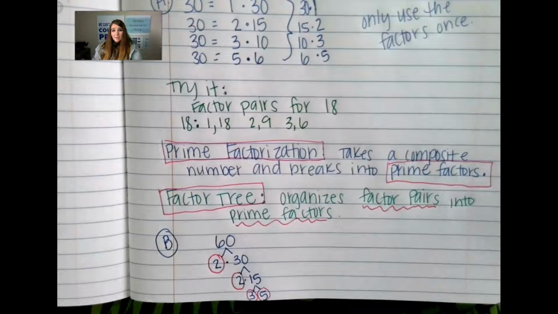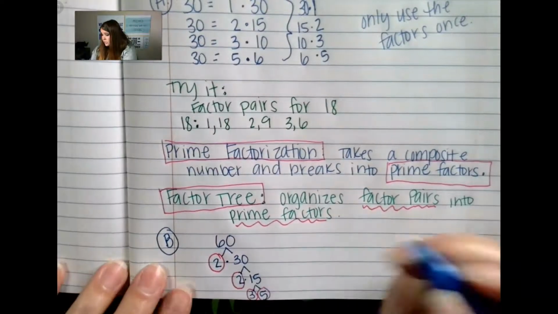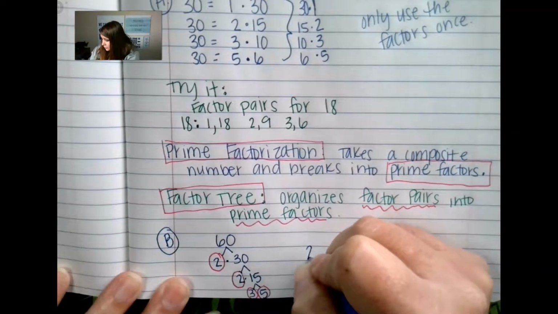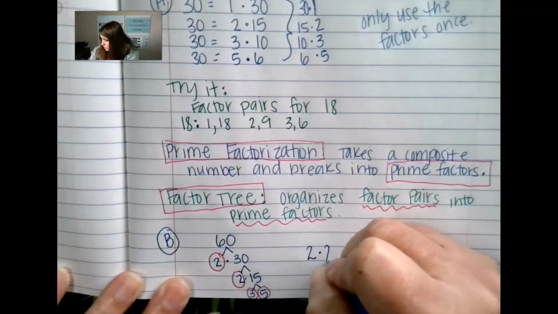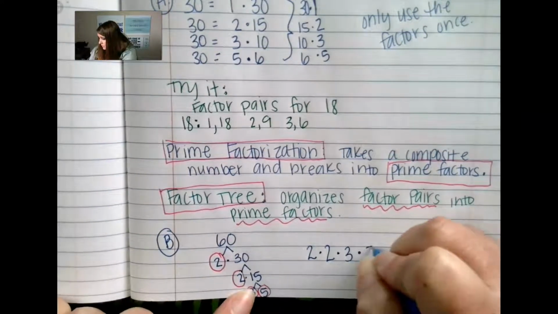I now have a factor tree. It's a way to organize the factors in my composite number. When I find the factors, I just come over here now and I list them out. I had 2 times 2 times 3 times 5.